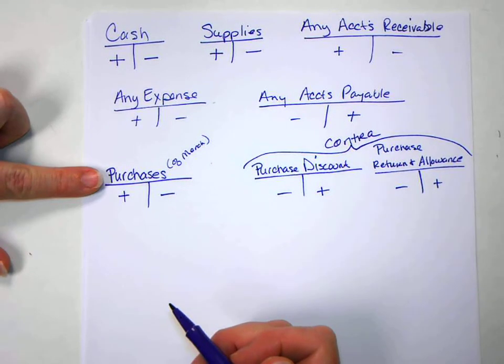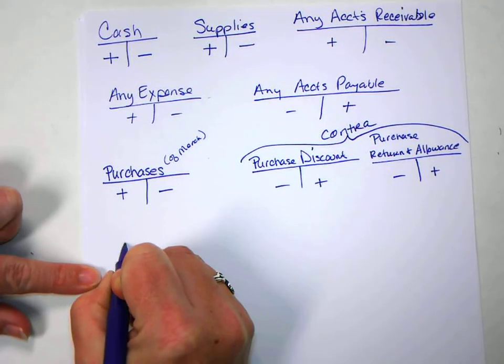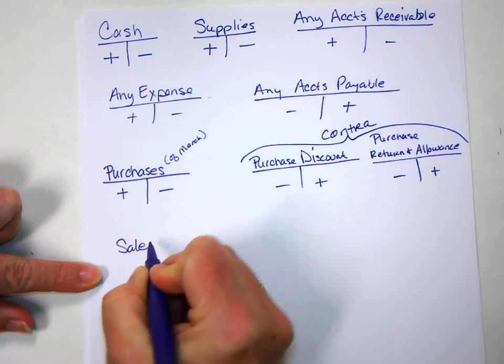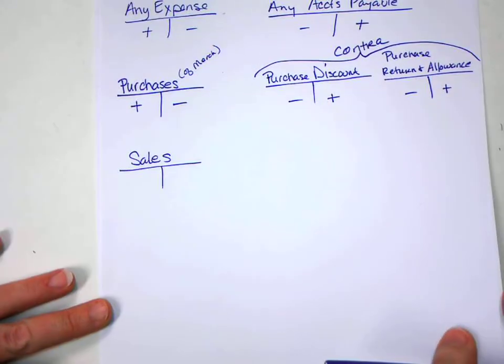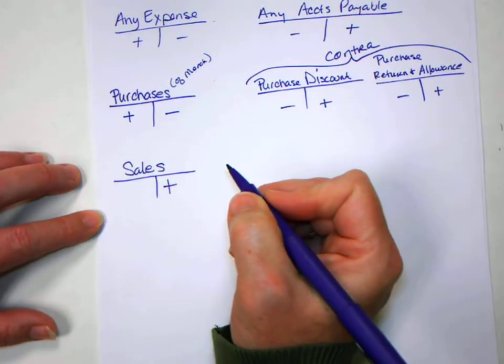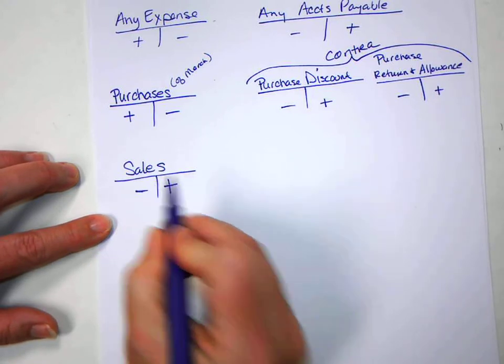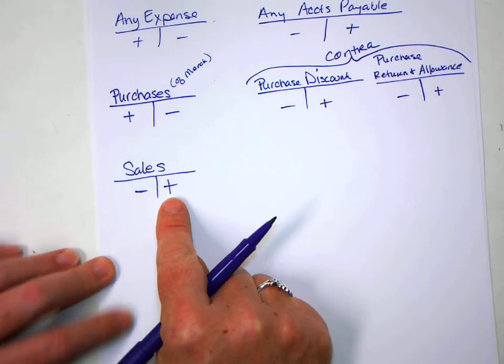So then we purchase our merchandise, and then of course we're going to mark up the price and we're going to sell it. And that'll be the sales account being used. Okay? Sales account, as we should know by heart, has a normal balance of a credit.